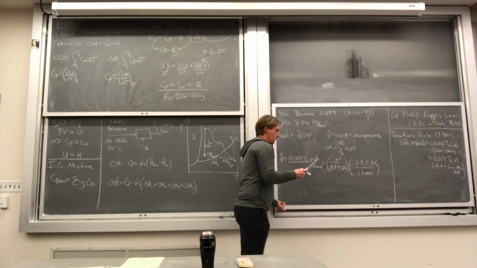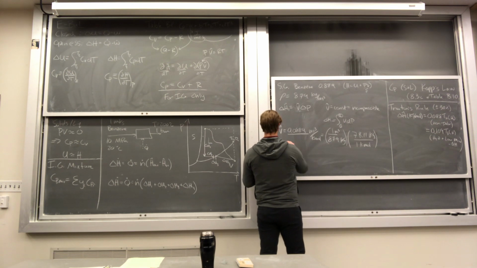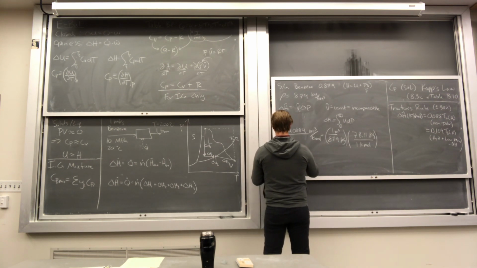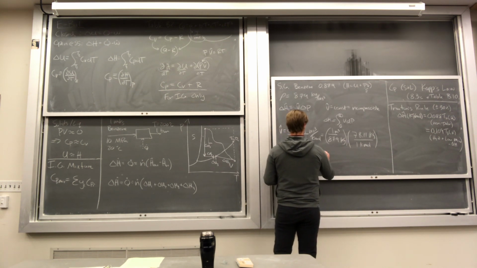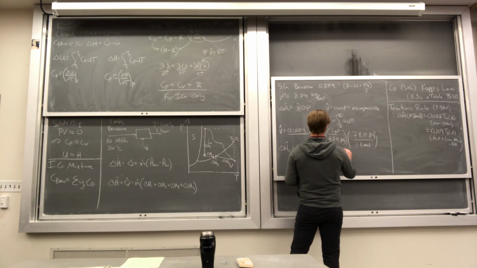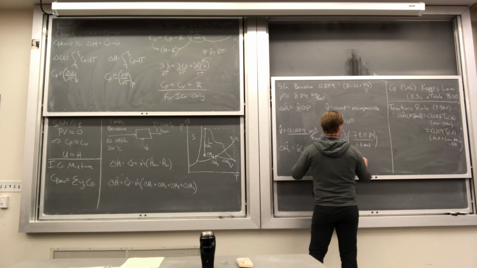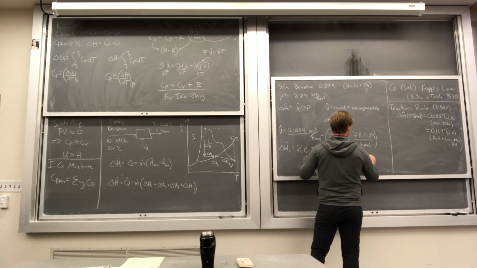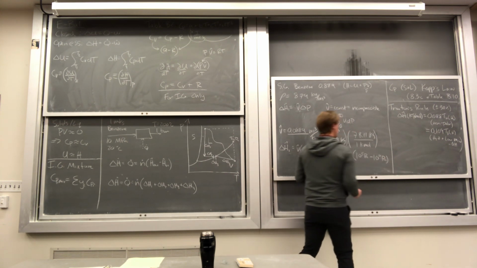So then I can calculate the delta H. Delta H1 is equal to V hat times P2 minus P1, which is equal to this value here, 0.0889 meters cubed per kilomole. Final pressure, 10 to the 5 pascals minus 10 to the 7 pascals, right?